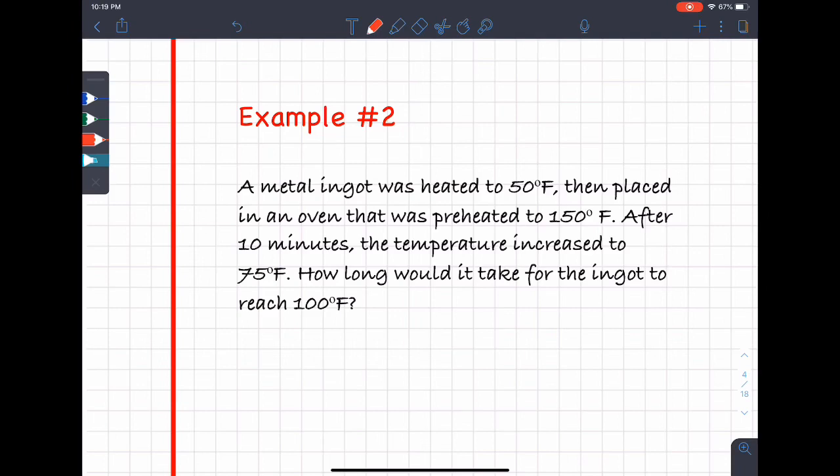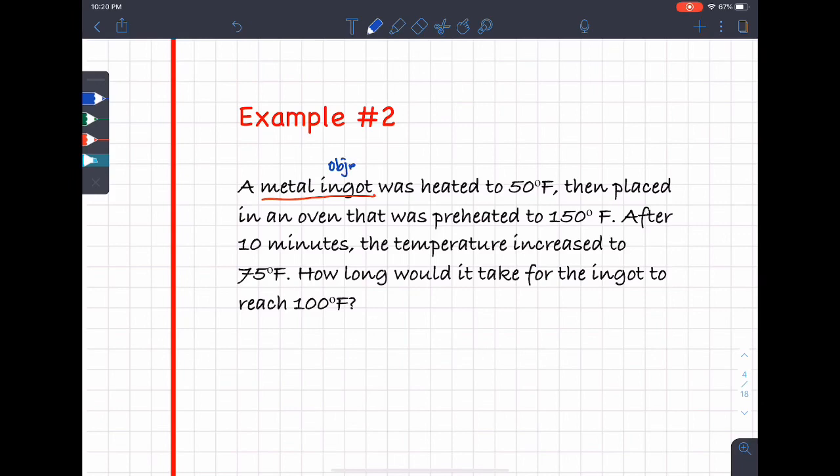This would be the raw material, which is heated up to be built or to manufacture another metal object. So that would be our object.